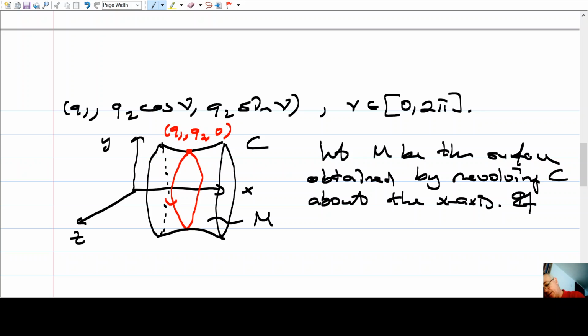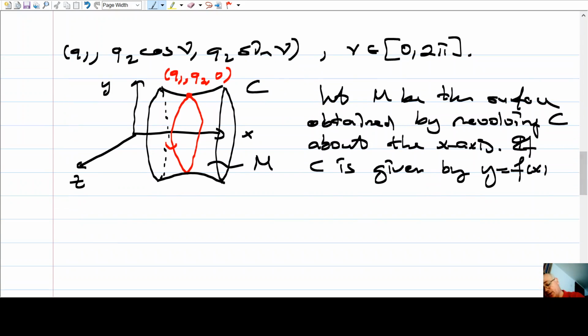Let's say C is given by this equation y equals f of x, so suppose it's a graph of a function in the xy plane where f is a function defined on some interval, let's say ab.